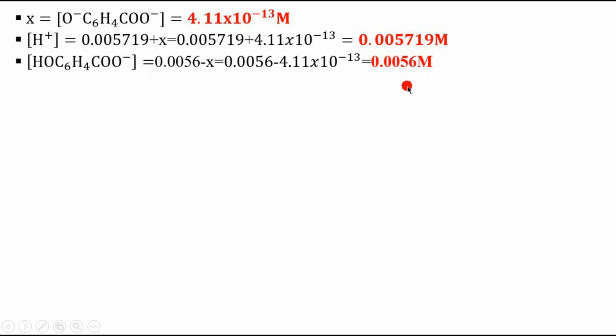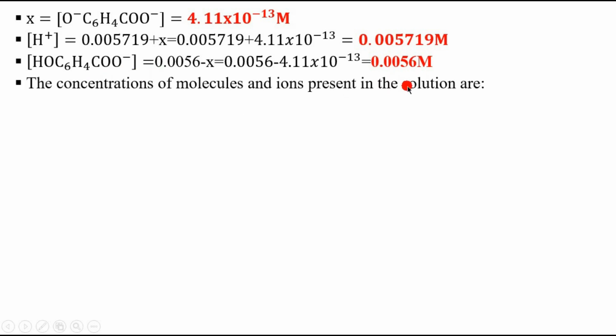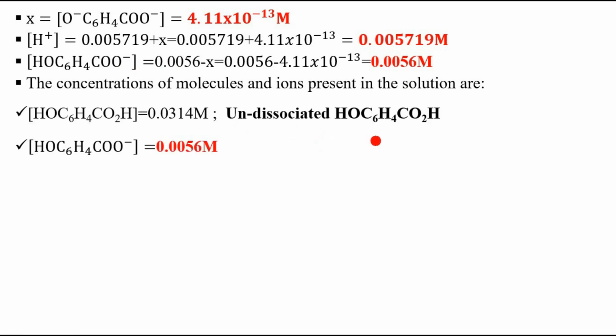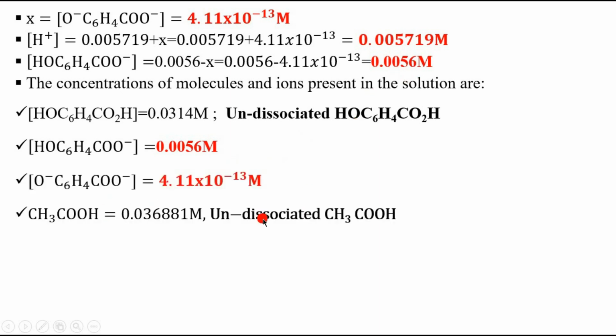We'll be having also this one, which is equal to 0.0056, the concentration of the molecular ion that will be present. Then we have undissociated this one. Remember, we get it from the first dissociation. We'll be having also 0.056. Then we'll be having undissociated the acetic acid. So you get to remember this one from the second dissociation. Then we'll also be having the acetate ion, which is equal to this one.